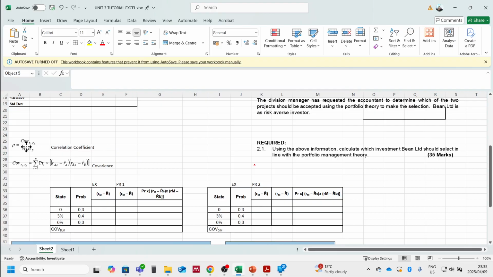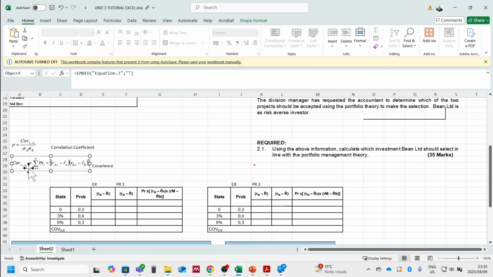You will notice that during one of the activities that we did in class, when we were explaining the concept of risk and return, expected return and standard deviation, I also used an activity where you were given the correlation coefficient but required to calculate the standard deviation of the portfolio.